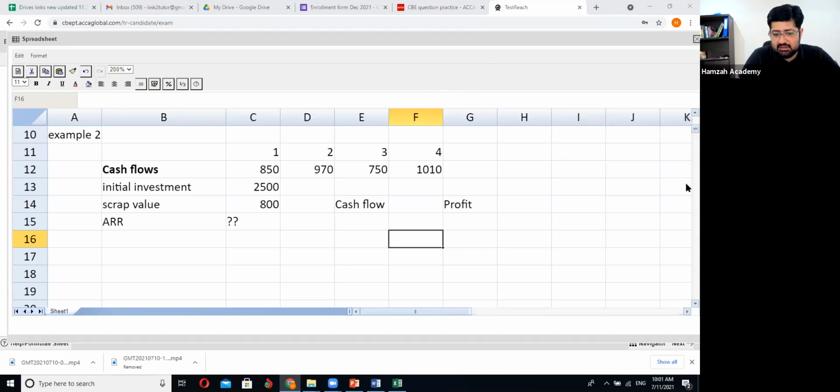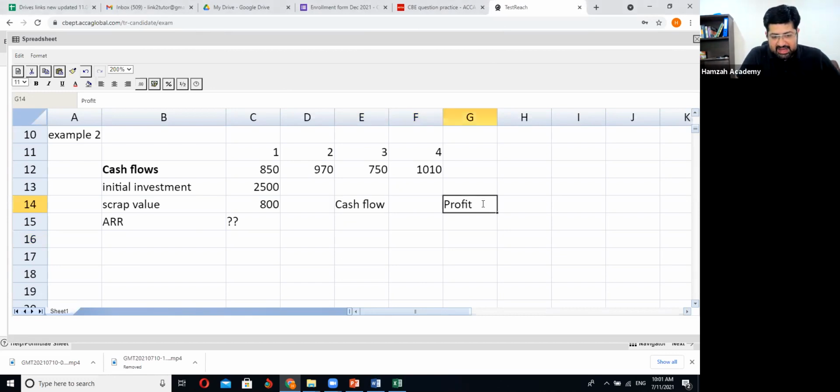Exactly. You know that? Very well done. When you calculate profit, you deduct non-cash expenses as well, and then reach profit.